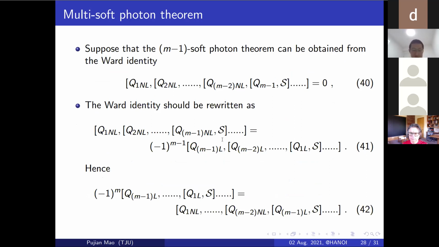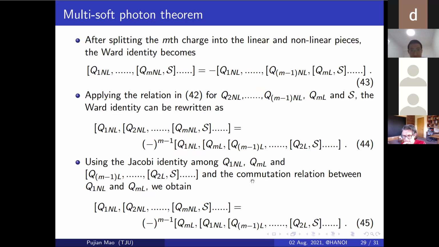Of course, after the substitution, and also we know how the soft theorems can be rewritten in this language. We will have a very useful relation, equation 42, and this is very crucial to derive the n soft photon case.